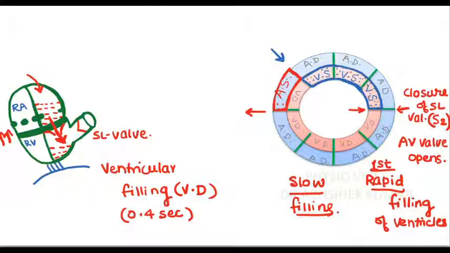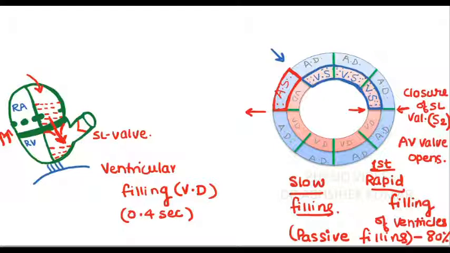That is, without any effort of the atria, without any atrial contraction, the ventricles are being filled. So these are known as passive filling of the ventricles. Eighty percent of the blood is filled passively into the ventricles.